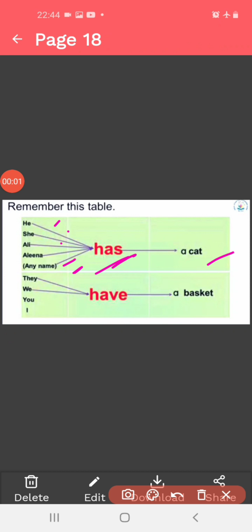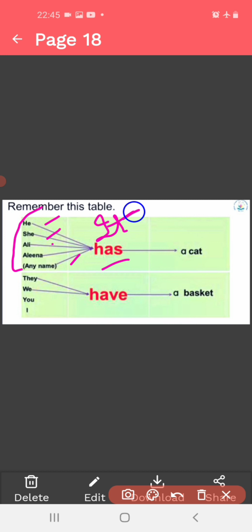So always remember this table. Words like he, she, Ali, Alina, means any name, also it, we use the verb has with all these words. Like he has a cat, she has a cat, Ali has a cat, Alina has a cat. So basically to show possession we use these verbs has and have.